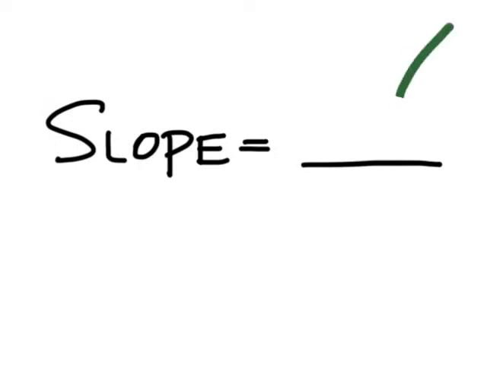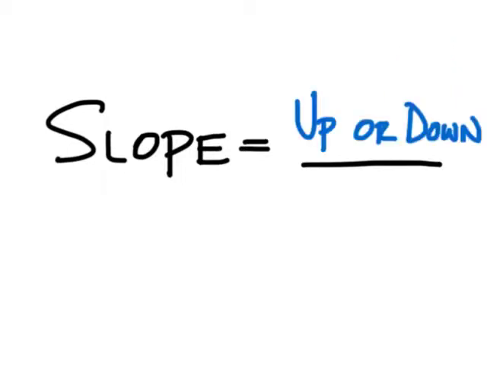So slope is going to equal something. What direction do we go according to the top number? Up and down. And where do we go according to the bottom number? Never to the left. Only to the right. You never go to the left according to the bottom number. You always go to the right.